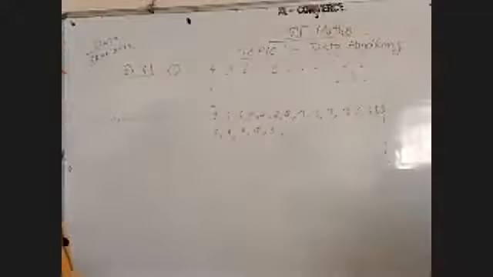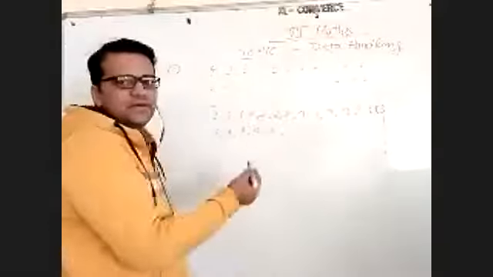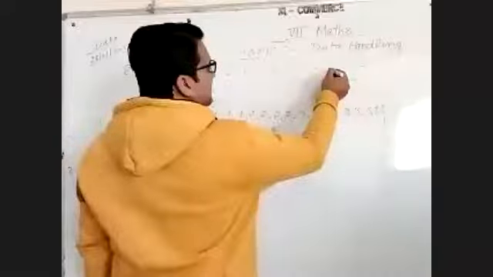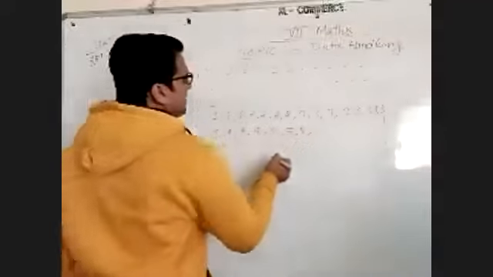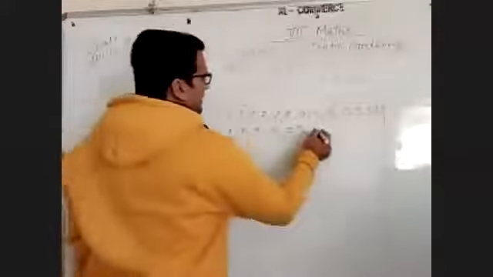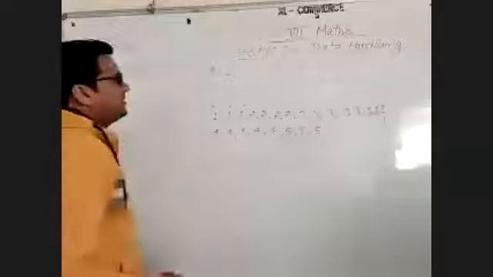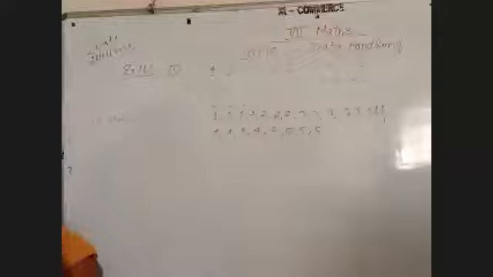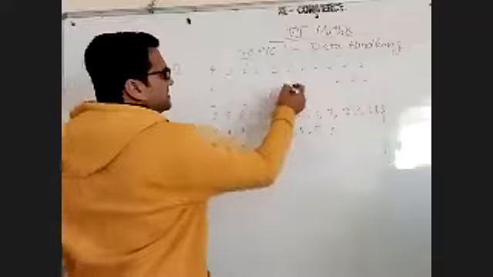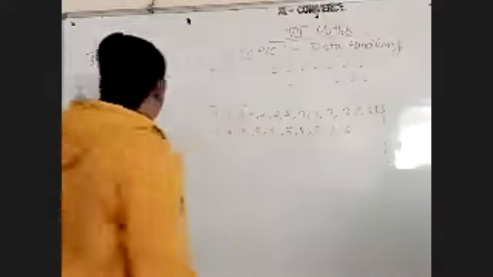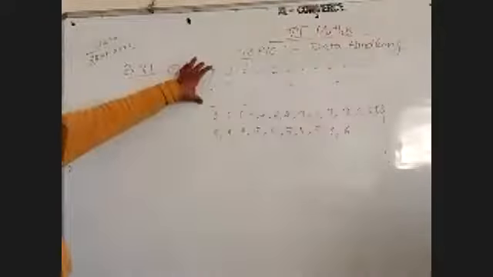Now number 5, you have to take the number 5. Number 5 is here, this one 5, 5, and this 5. And how many numbers are left there? There are 6 left. So this 6, and next number is 6, this 6. So this is an ascending arrangement of our given data.